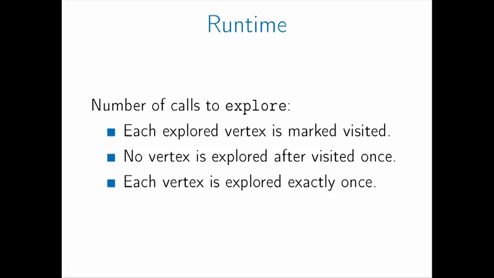So to analyze the runtime of this algorithm, we have to note a few things. Firstly, whenever we explore a vertex, we immediately mark it as being visited. That's the first thing that we do. The next thing to note is that no vertex ever gets explored if it's already been visited.